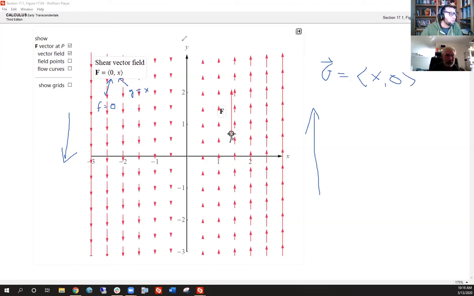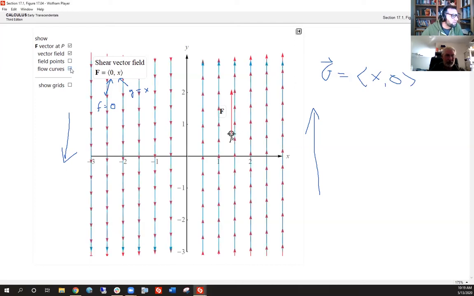We also have this idea of flow curves. Imagine that you took a little BB and you dropped a little floaty thing into this field, and you asked what happened to it. Well, since in this case it's close to the y-axis, but positive, it would move north and it would move there slowly.